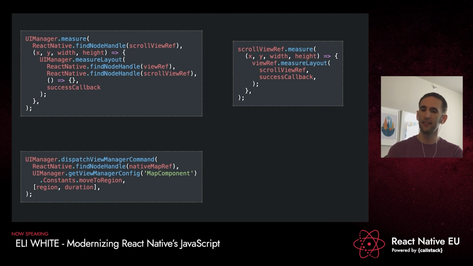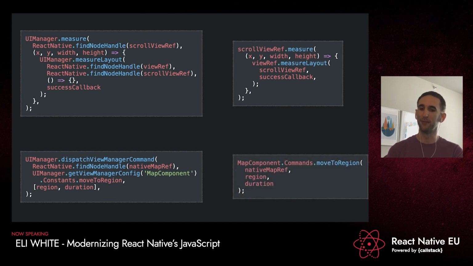For commands, we are introducing a new API for calling commands that solves the problem of type safety, by calling those methods directly on the component, passing a ref to that component and the arguments. And this is much nicer. Both of these APIs, for both measure and move to region, are much nicer.